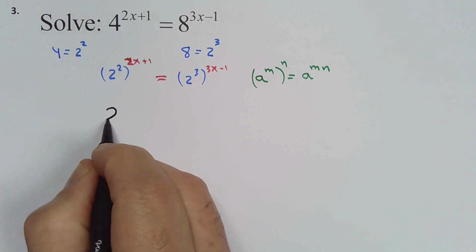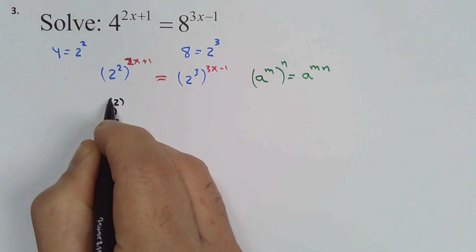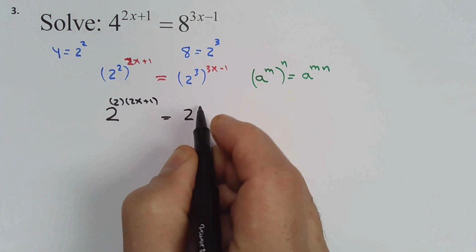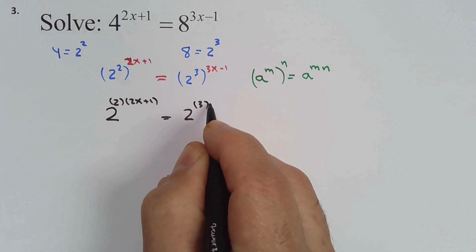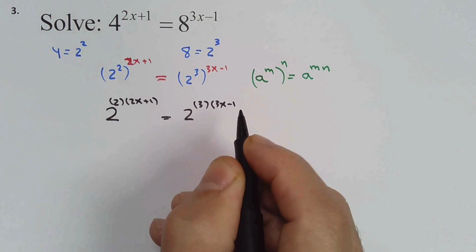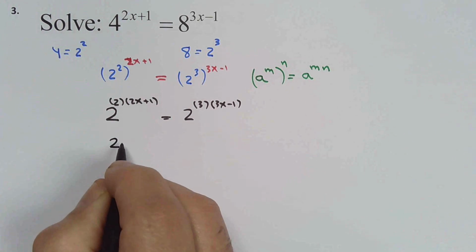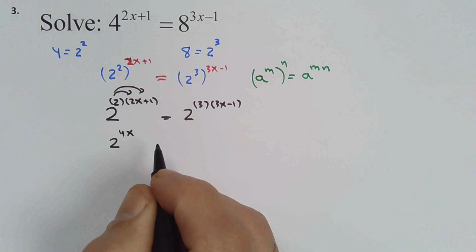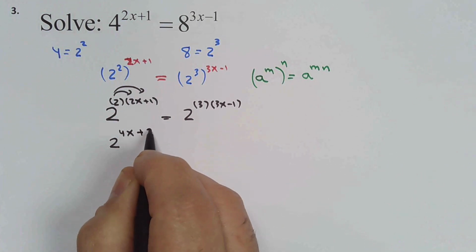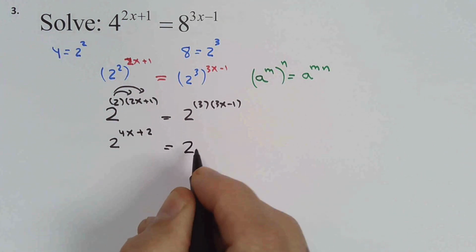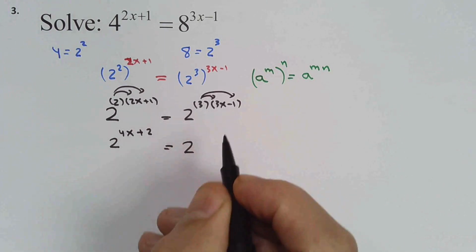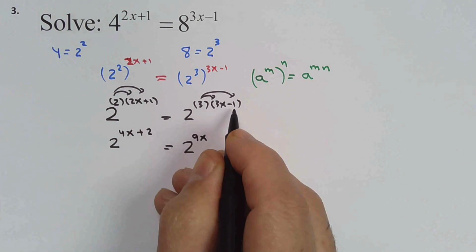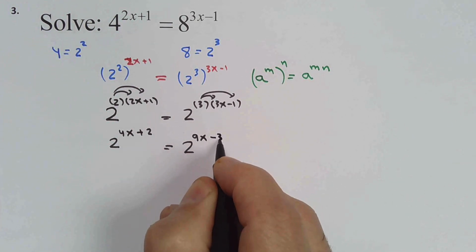That becomes 2 to the power 2 multiplied by 2x plus 1, and this becomes 2 to the power 3 multiplied by 3x minus 1. So 2 to the power 4x plus 2, using the distributive property, equals 2 to the power, same idea, 3 times 3x, which is 9x, 3 times minus 1 is minus 3.